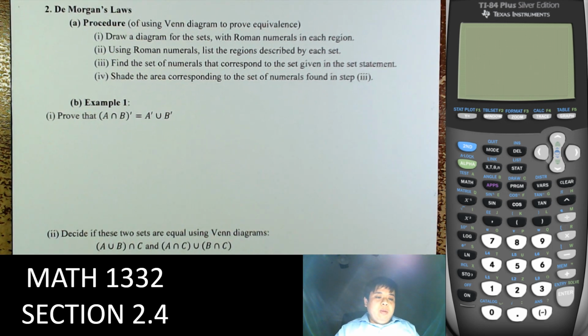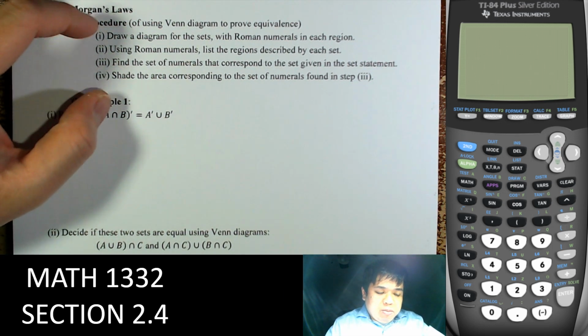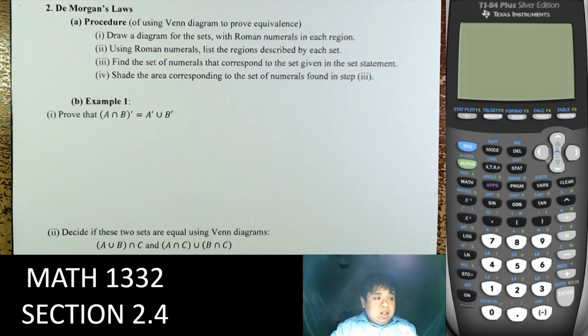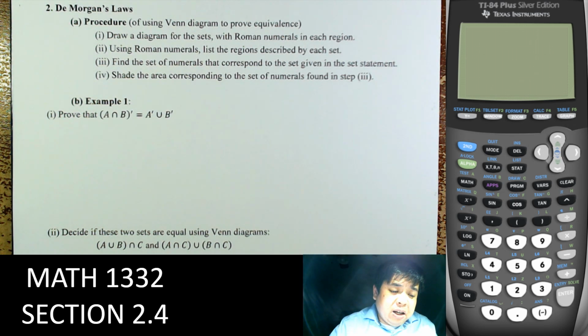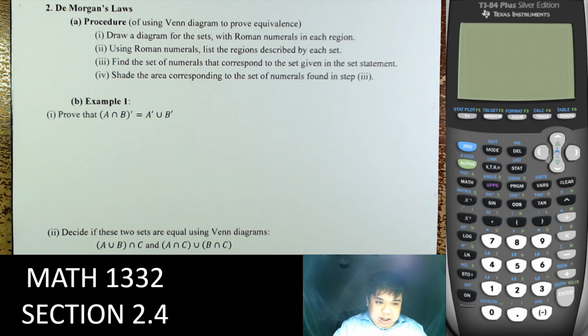Right, De Morgan's law. This is not actually part of De Morgan's law, but it just tells us how to do the math here. Usually, if we want to prove that two sets are equivalent, we draw the diagram, use Roman numerals to denote the regions, and then find the set of numerals for those regions, and then say the area corresponds to the set of numerals found in step 3.